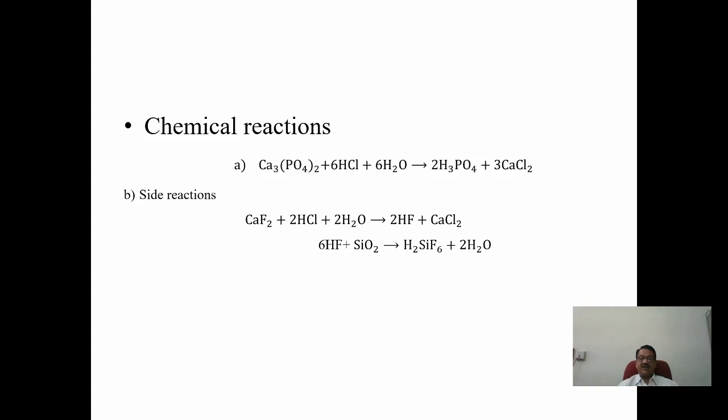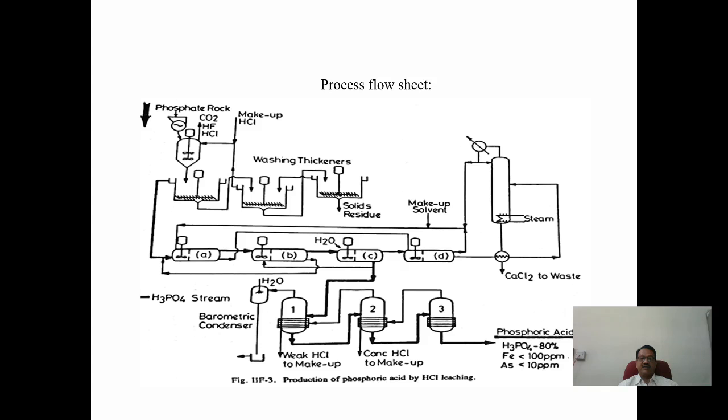Next, we'll see the process flow sheet. This is the process flow sheet for the production of phosphoric acid by the hydrochloric acid leaching process.